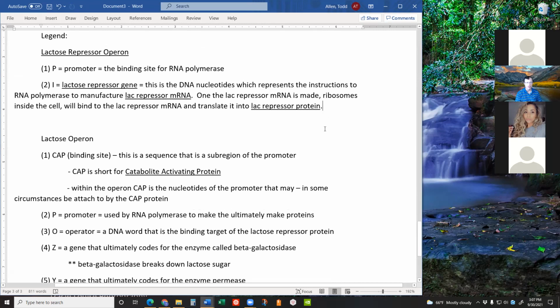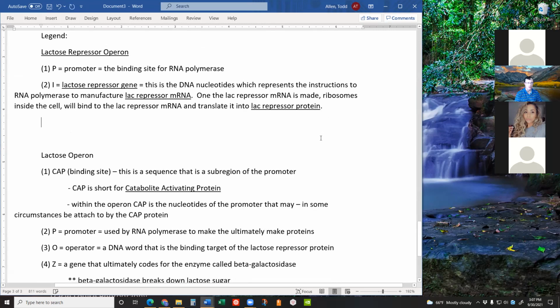One piece of information up here I missed, and then we're stopping and switching gears. I didn't tell you that the lactose repressor gene, it is constitutive, meaning it is always on.